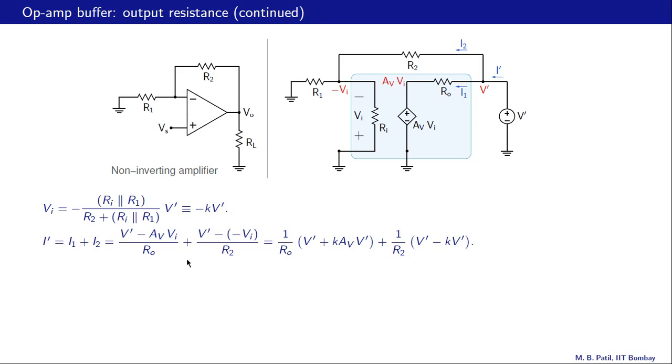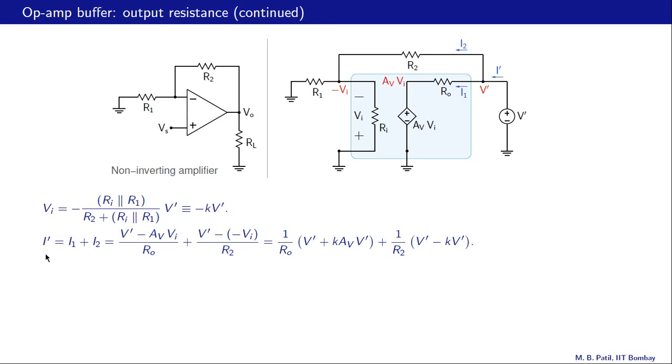And this Vi we can replace with minus KV prime. So that gives us I prime equal to 1 over RO times V prime plus KAV V prime. This term here comes from here, plus 1 over R2 times V prime plus Vi, and Vi is minus KV prime. So 1 over R2 times V prime minus KV prime. So that is our I prime.